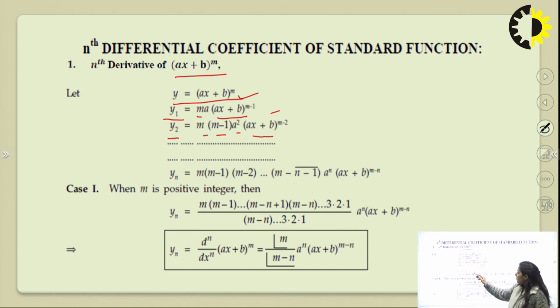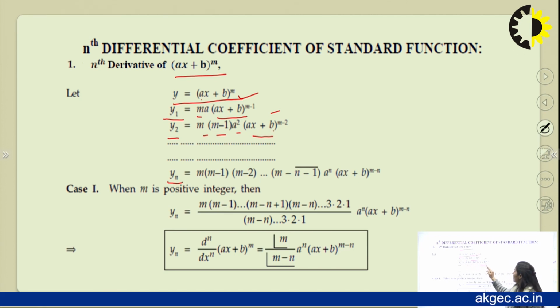And in a similar way, we can find the nth derivative of y with respect to x, because here there is a sequence. In y1 the power of (ax plus b) is m minus 1, and in y2 the power is m minus 2. So in yn the power will be m minus n.